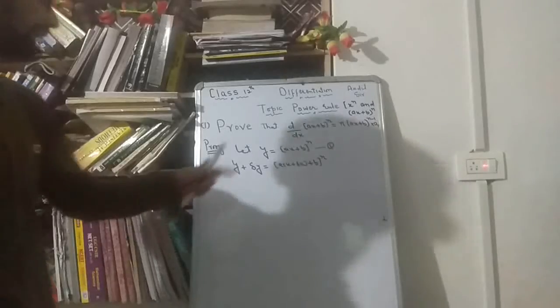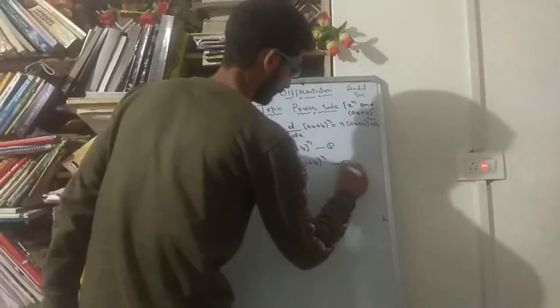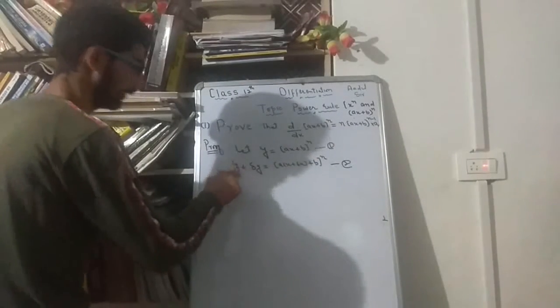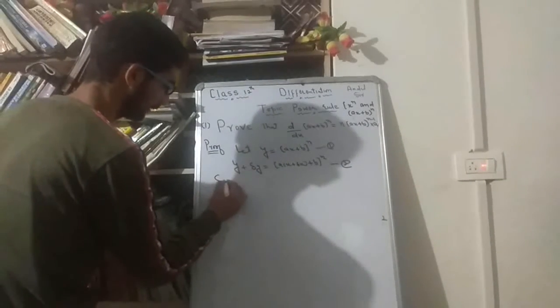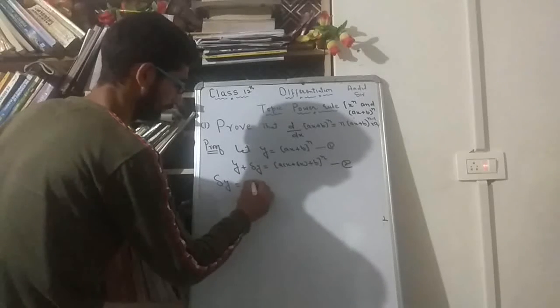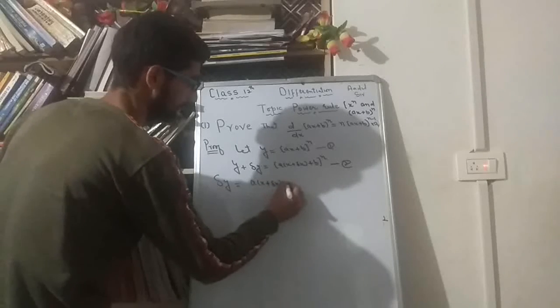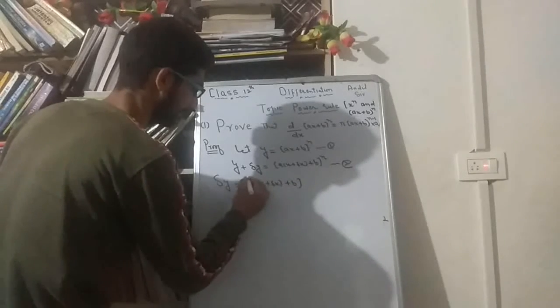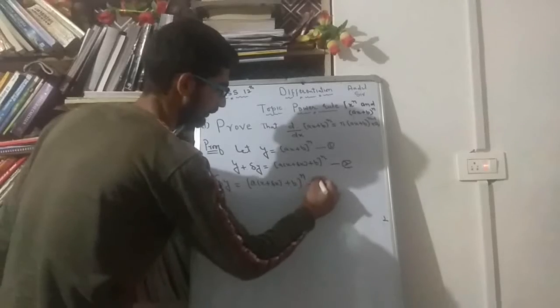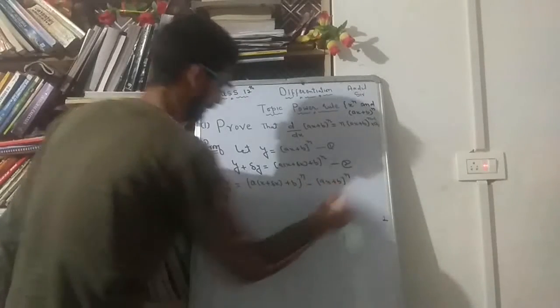Now we will subtract the first from this second. That is our second step. So y and y will get cancelled. It will become del y equals (a(x plus del x) plus b) whole raised to n minus (ax plus b) to the power n.